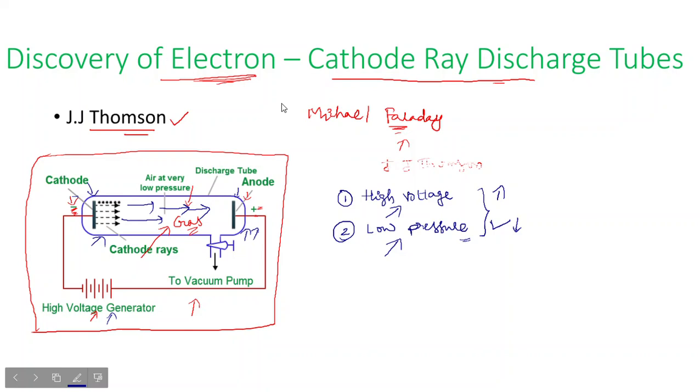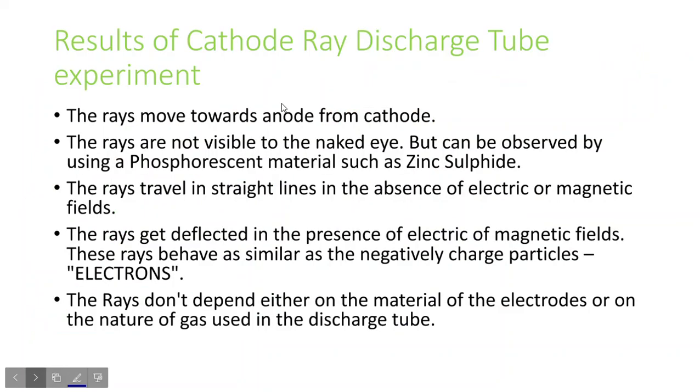Using this experiment, he found electrons. And let's see the results of this experiment, the results of the cathode ray discharge tube.